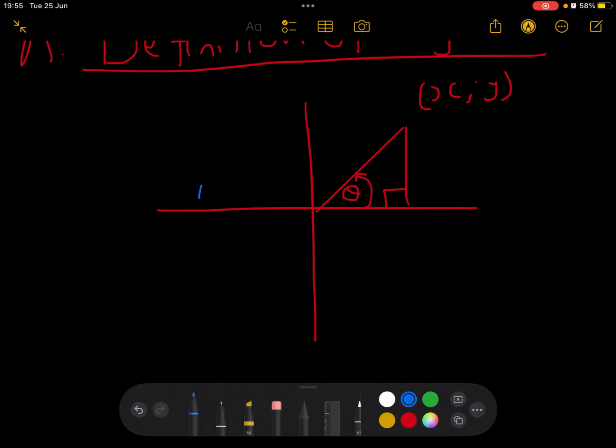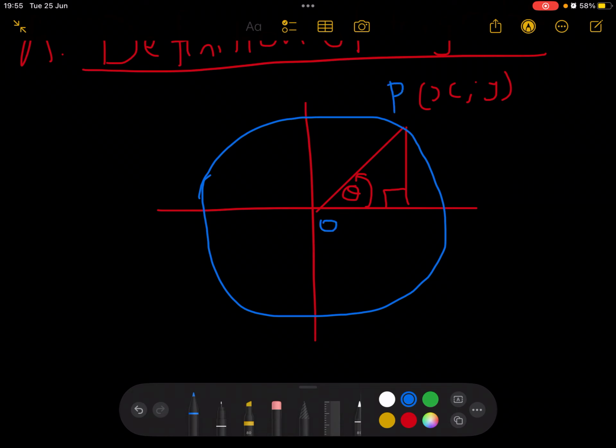If we were to make a circle around here, this is center 0 0, and this is coordinate P, such that OP is our radius. This is our y value and our x value from here to here.